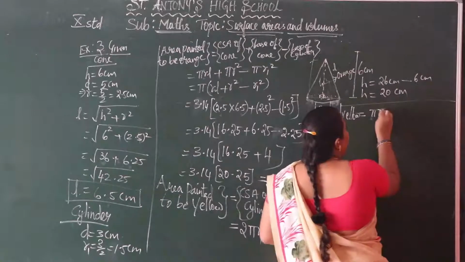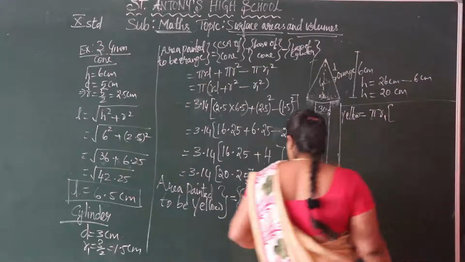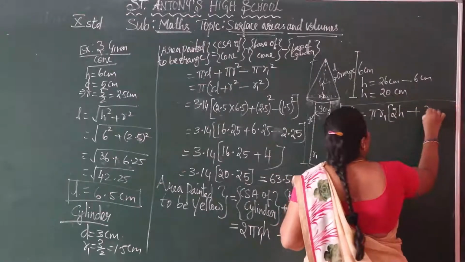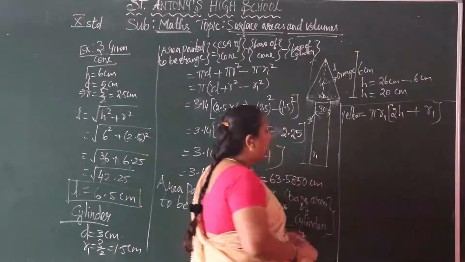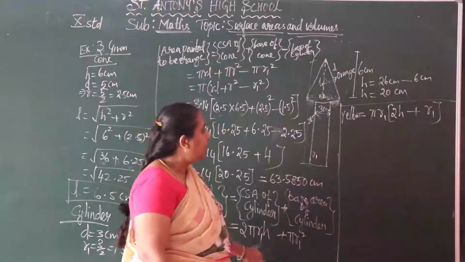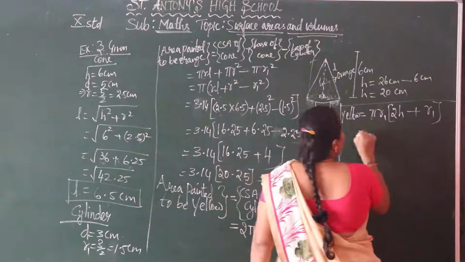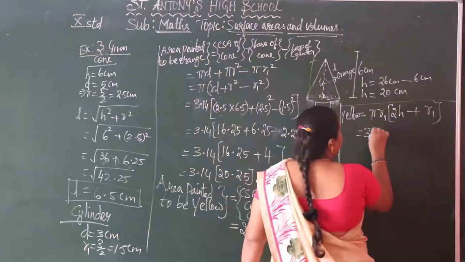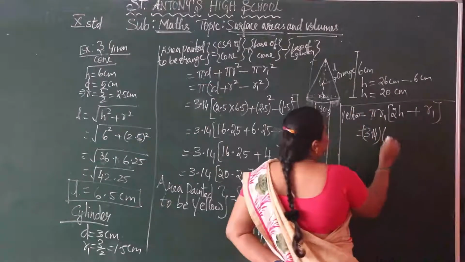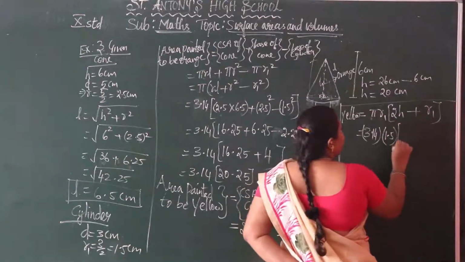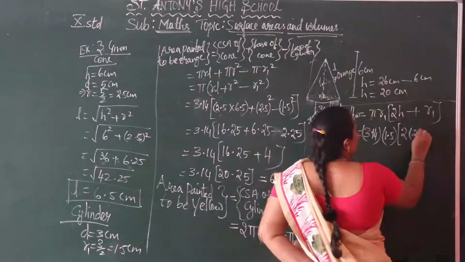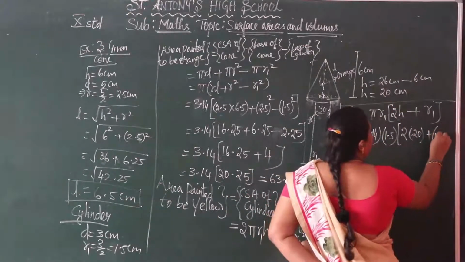So pi r1 into (2h plus r1). Pi r1 we take commonly outside of both these formulas. So 3.14 into r1, which is 1.5, into (2 into h, where the h value is 20, plus r1, 1.5).